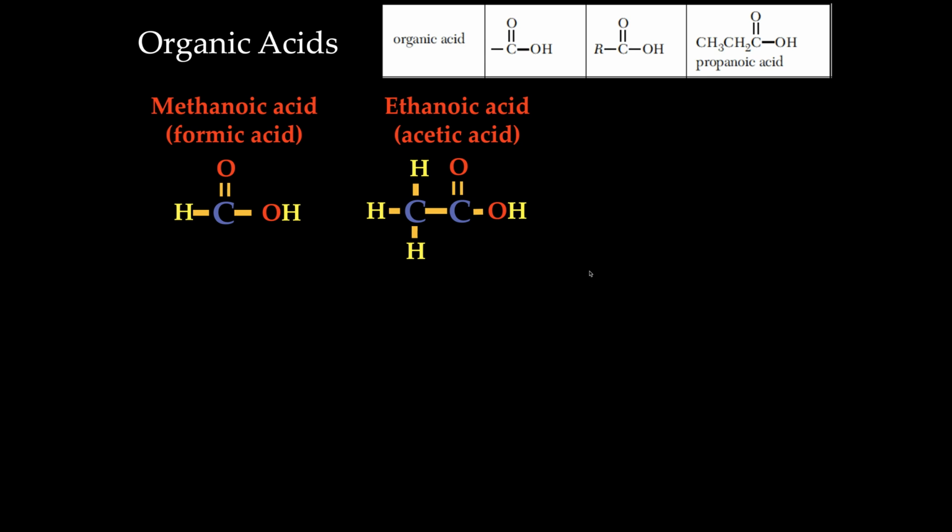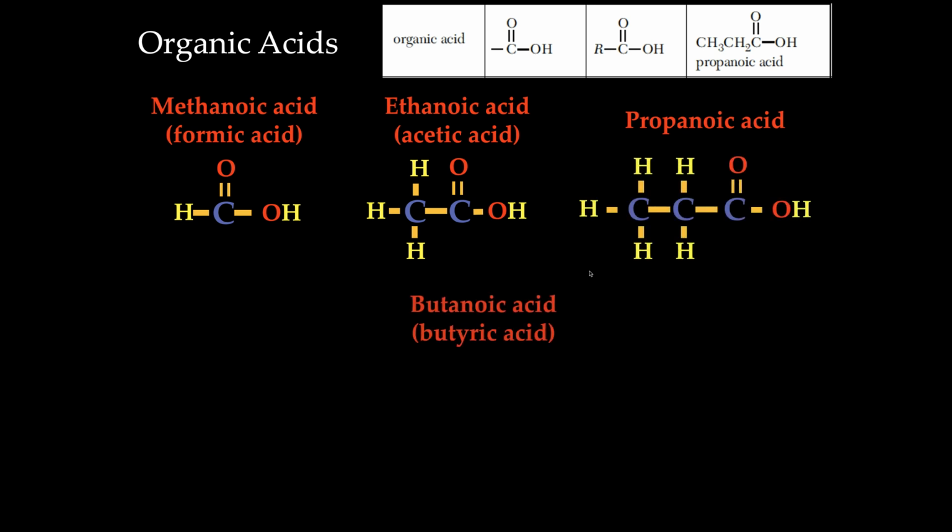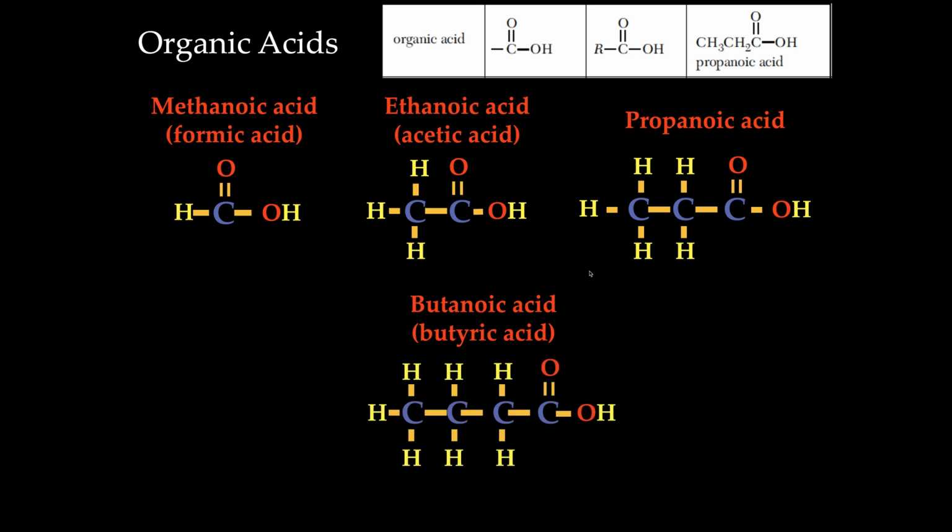That's where you get white wine vinegar, red wine vinegar, rice wine vinegar, apple cider vinegar. Balsamic. Oh, so good. Propanoic acid would have 3 carbons. Butanoic acid would have 4 carbons. And in every case, this carboxyl group, the COOH, is on the end of the molecule.